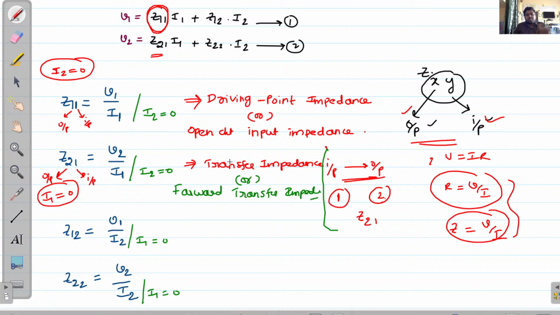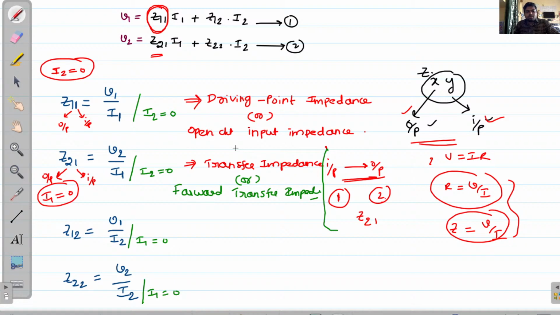So in a concluding way, you can use transfer impedance. If you want to specify the ports also, then you can call it forward transfer impedance, which means the impedance can be transferred from input port to output port. In case of output to input, you can call it a reverse transfer impedance.